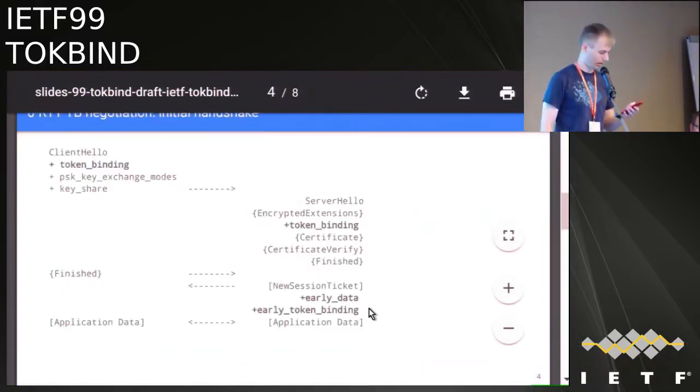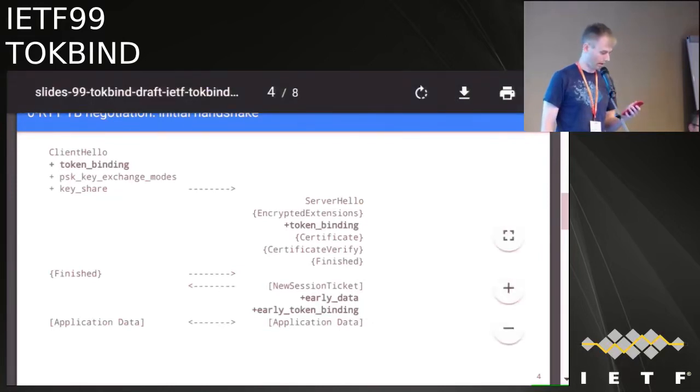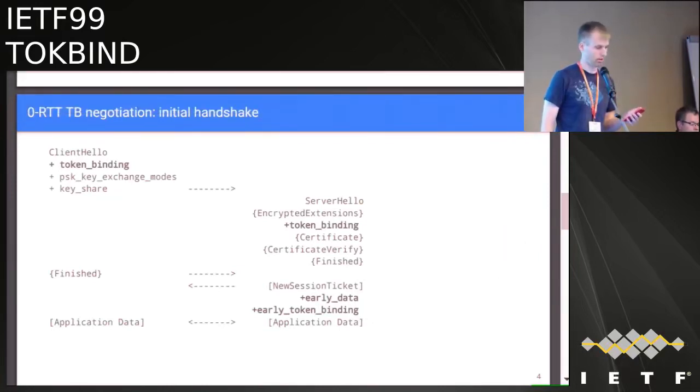Okay, so this slide is basically an overview of what the initial handshake looks like when doing zero-RTT token binding. The client advertises token binding in its client hello. The server, in its response when it issues the new session ticket, this is a server that supports zero-RTT token binding, issues a new session ticket with the early data extension, and also issues the ticket with the early token binding extension.